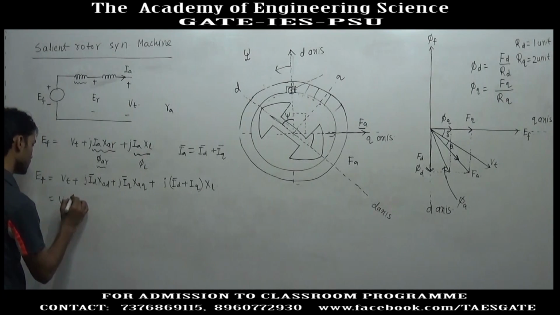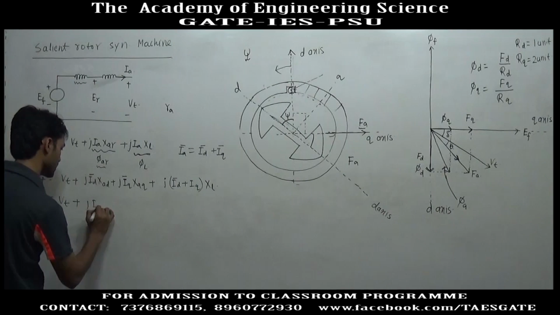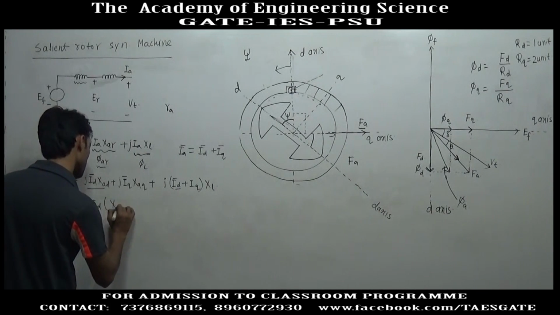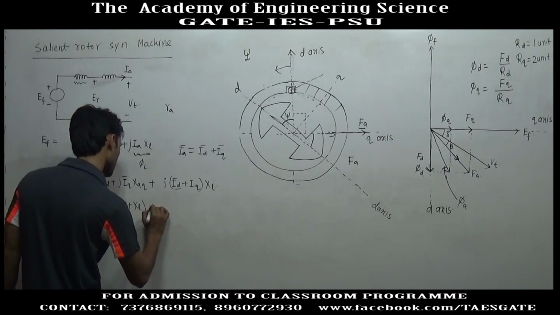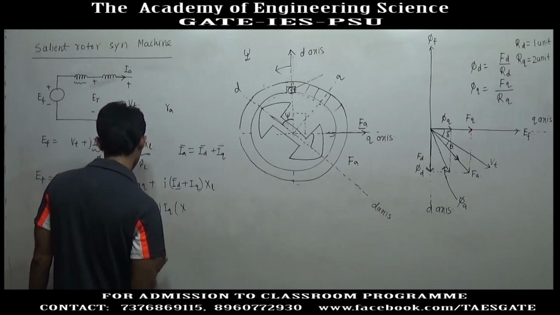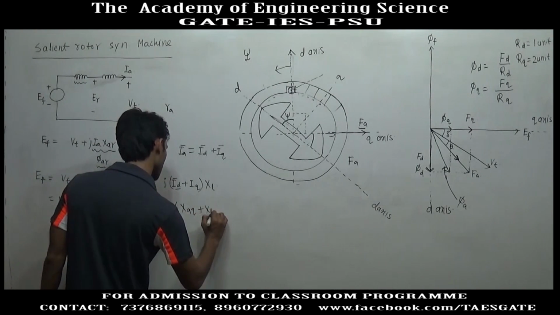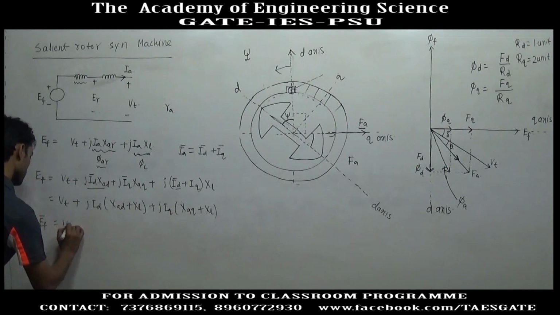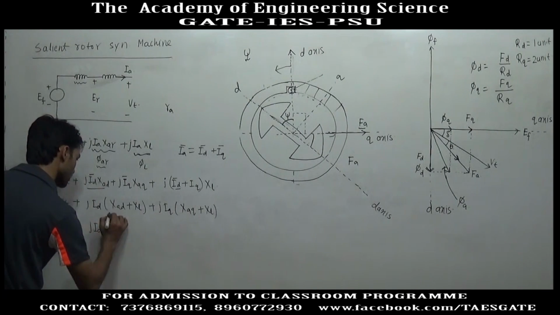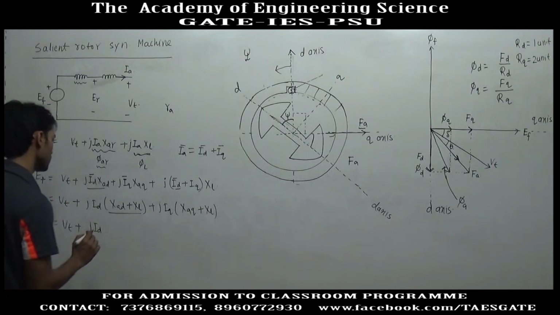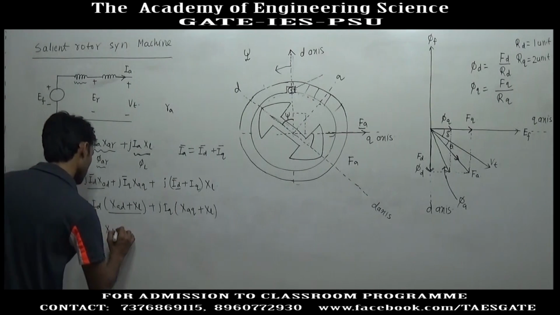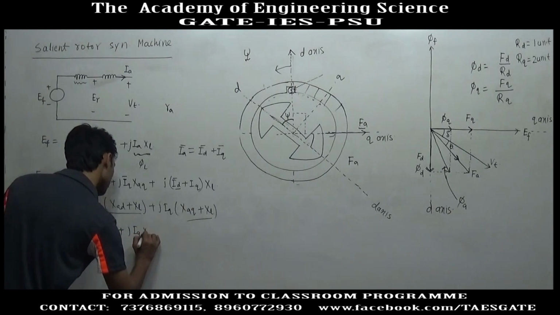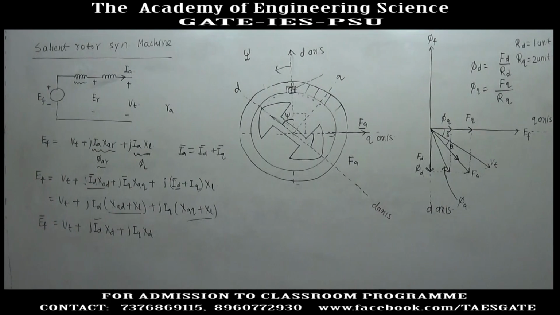If you take jID, here also we have jID, so this will give you XAD plus XL, plus jIQ into XAQ plus XL. So EF can be written as Vt plus jID, where XAD plus XL is simply XD, plus jIQ XQ. So we have this relationship.